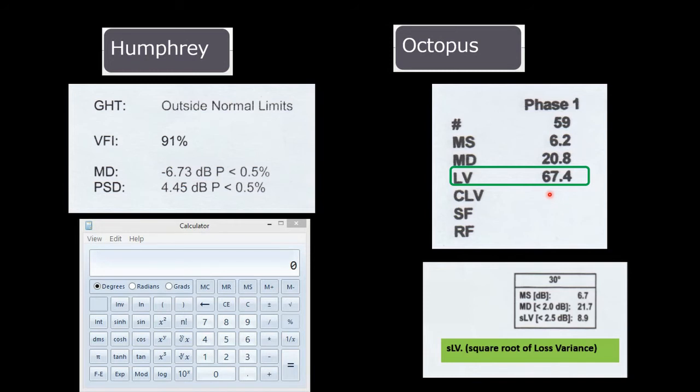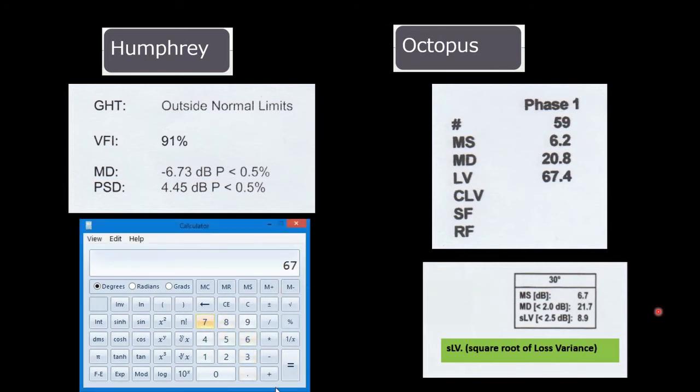So if you want to change this into standard deviation, we need to use a calculator and take the square root. Here is the value, and we ask for square root, so it is 8.